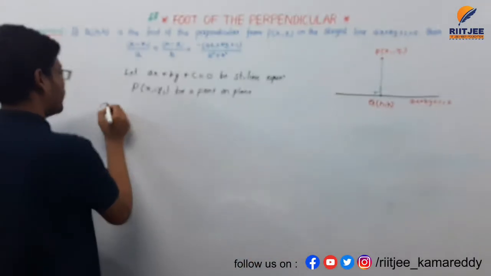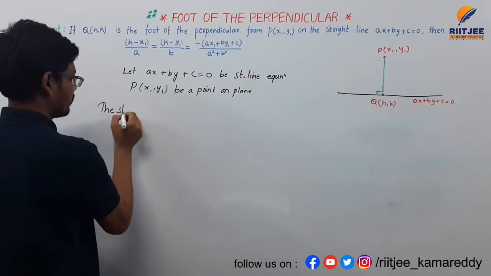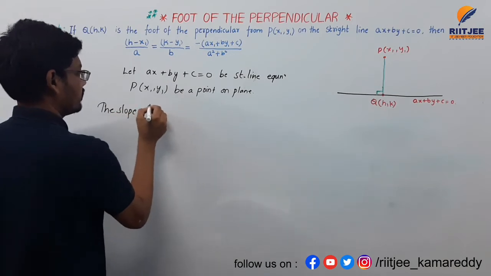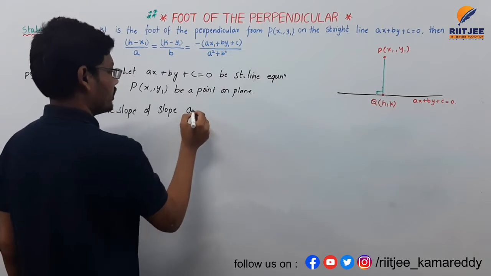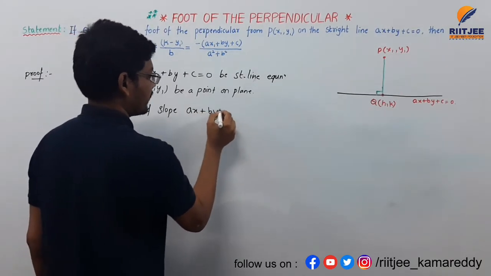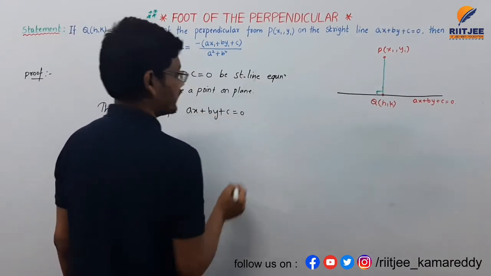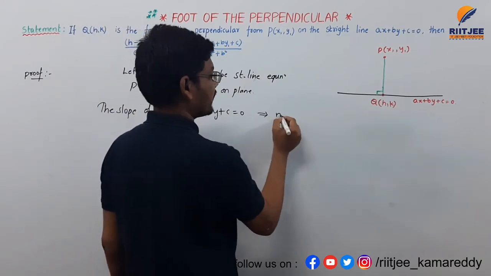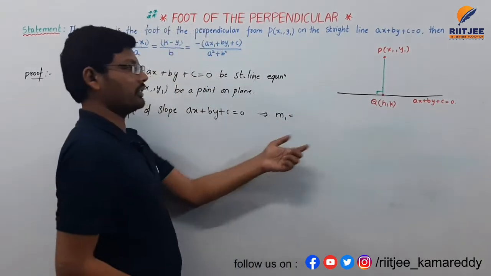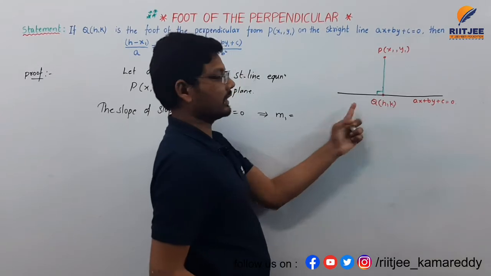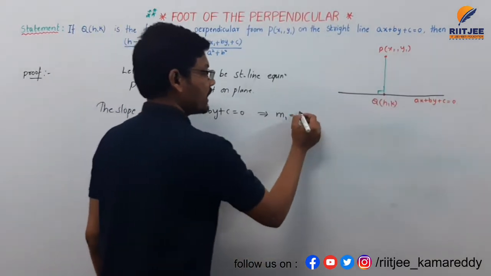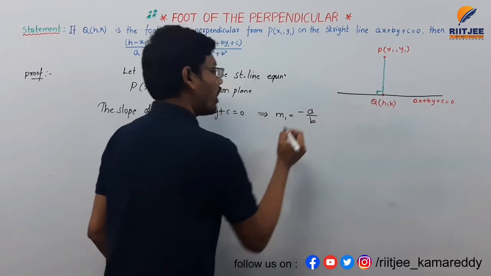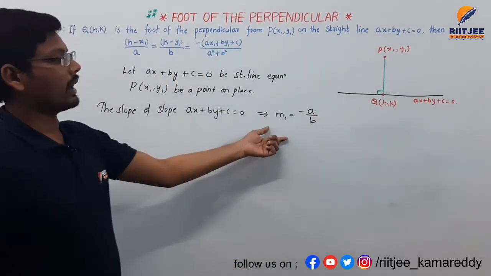So the slope of the straight line ax plus by plus c is equal to 0, I am considering m1 is equal to minus a by b. How did we get this minus a by b?